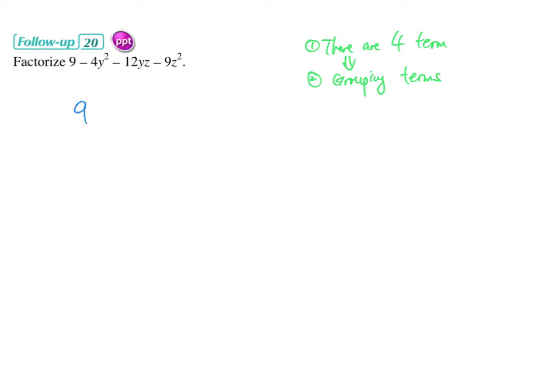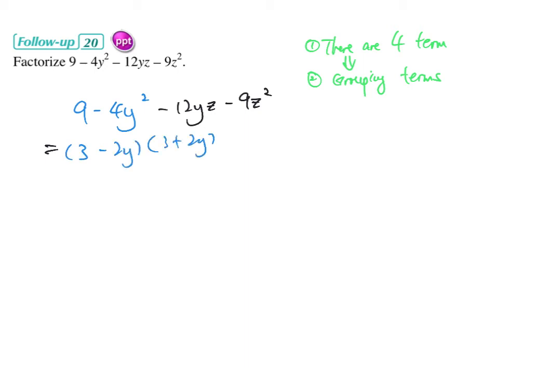Let's say 9 minus 4y squared, and then minus 12yz minus 9z squared. Then we try to factorize the first part. It may become (3 minus 2y)(3 plus 2y). And for the second part, we take out the negative 3z, so this is 4y plus 3z.